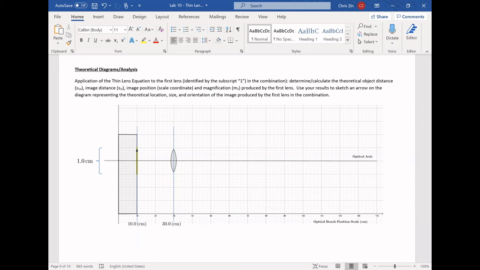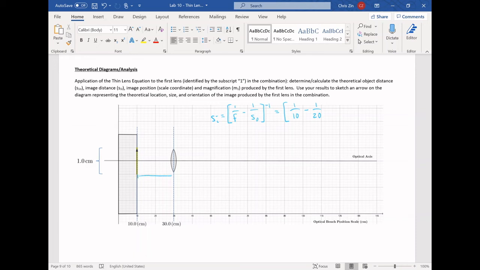Now, to start with theoretically, I am looking for the image position. So I want to use the formula that we found above, 1 over f minus 1 over SO, all that to the power of minus 1. The focal length of this lens is 10 centimeters, so I do 1 over 10. The object distance is 20 centimeters.